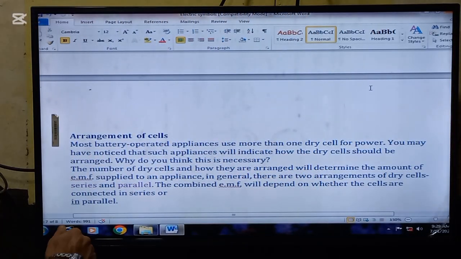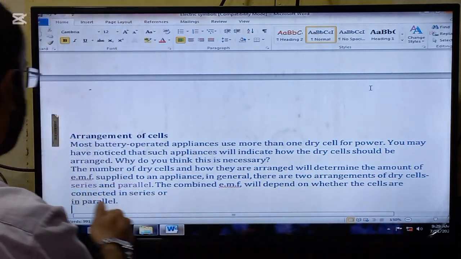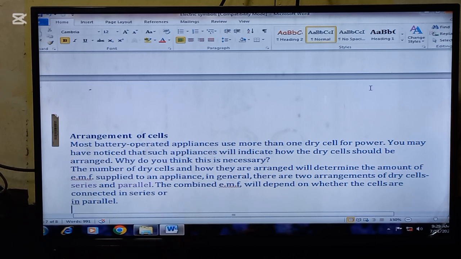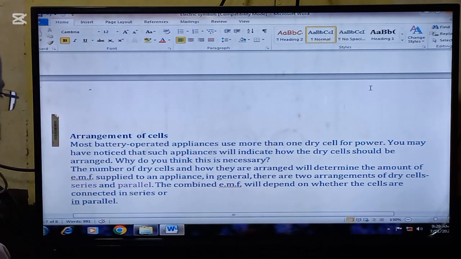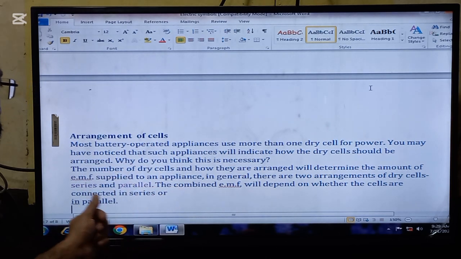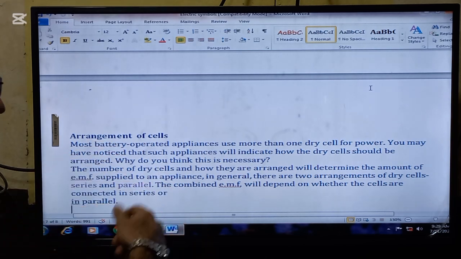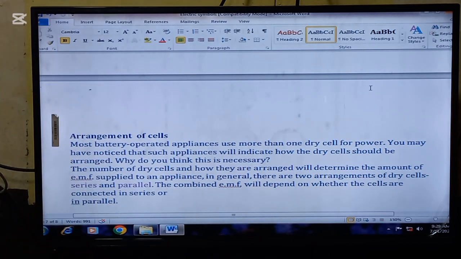So look now, the number of the dry cells and how they are arranged will determine the amount of the EMF supplied to an appliance. In general, there are two arrangements of the dry cells, series and parallel. So actually these cells provide EMF. So the arrangement of the cells will determine the amount of the EMF.